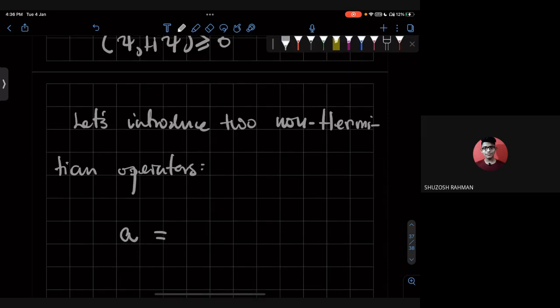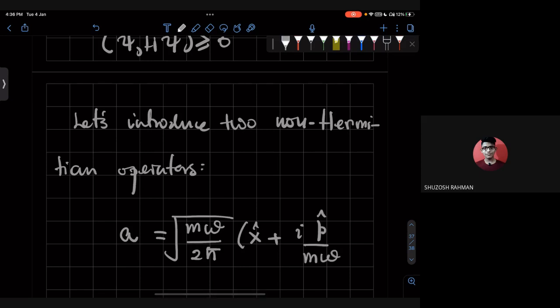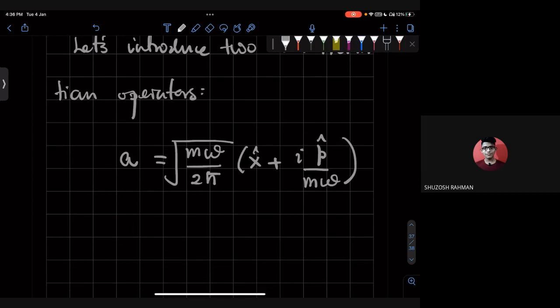So A is a complex linear combination of X and P, with some constant in front. Okay, so this is A. Because of this i, A is not a Hermitian operator, okay?